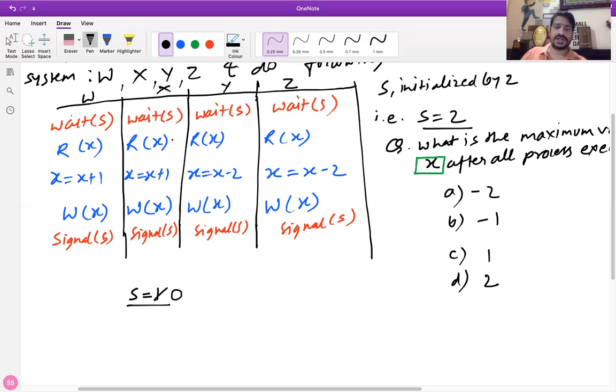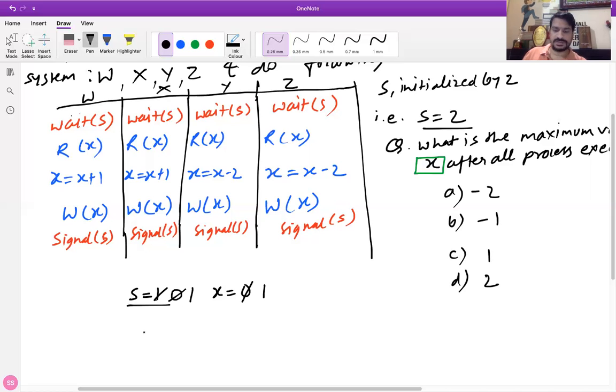Now it will go to the critical section and read the value of X. What is the value of X? Initial value of X is 0. And then X will be incremented by 1, so it will be 1. And it will be written back, and then signal will be called. So once the signal is called, it will increment the value of S by 1, right?